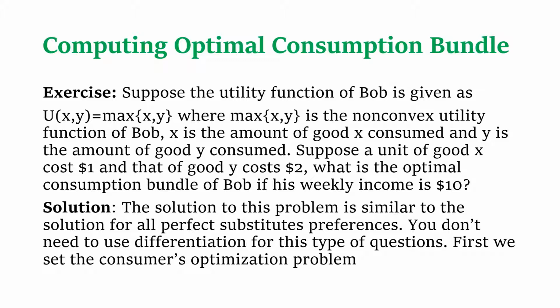So that's why we have this max here. For all these utility functions, I don't know whether you have come across this one, but these functions are concave to the origin. They are not convex like the original indifference curve. They are concave to the origin. In other words, they are non-convex to the origin.